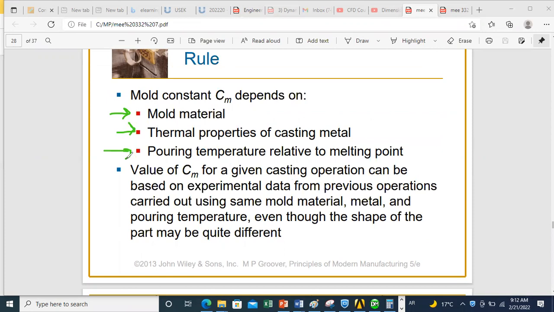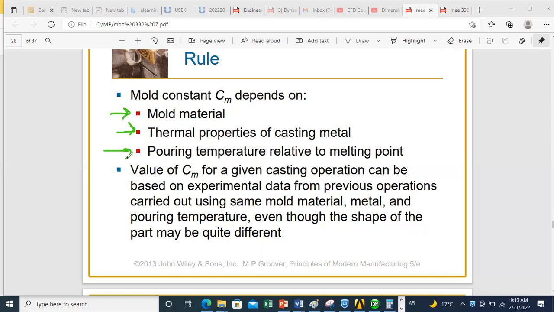So this means that even if you change the geometry you are producing, so if you want to cast a sphere or a rectangular box, as long as you are using the same mold material, the same type of casting metal, and the same pouring temperature and melting temperature, you can use the same value of the mold constant.